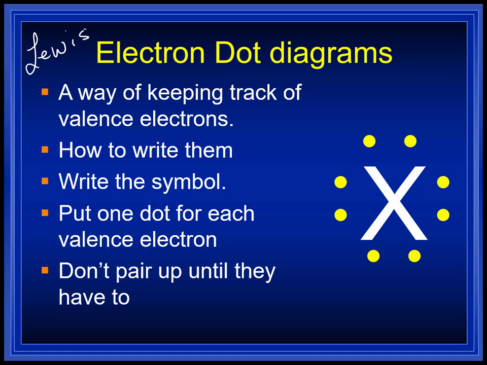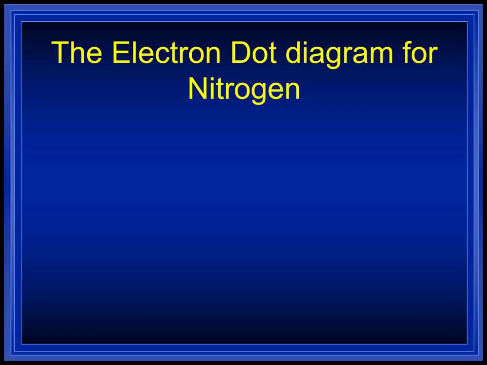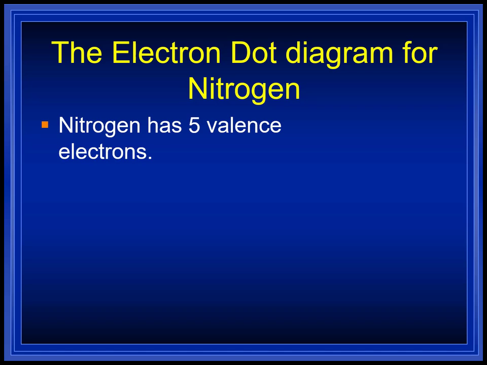So let's do a few. Draw the electron dot diagram for nitrogen. First thing I do, find nitrogen on the periodic table. It's in group 5A, so it has 5 valence electrons.